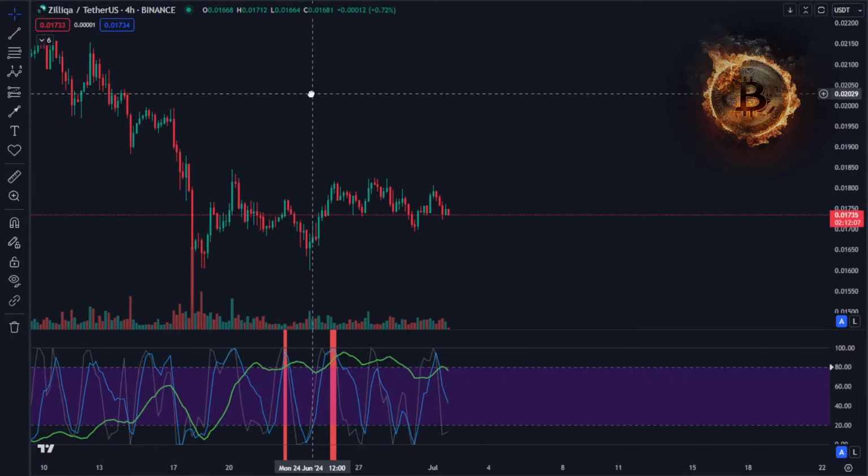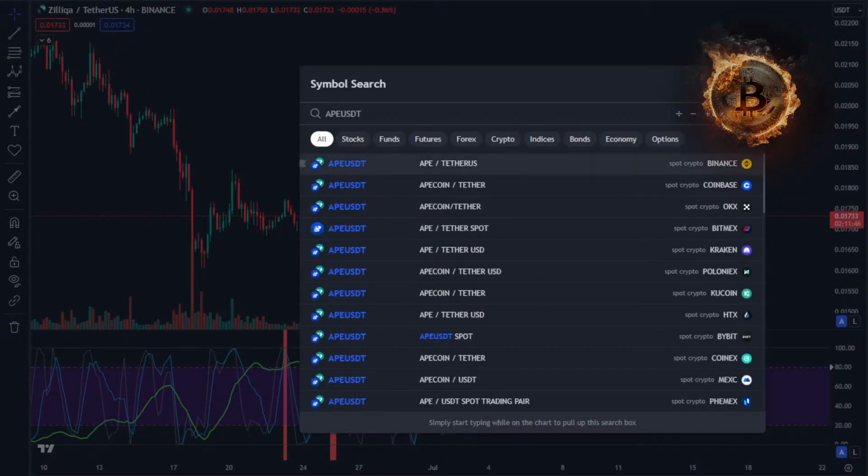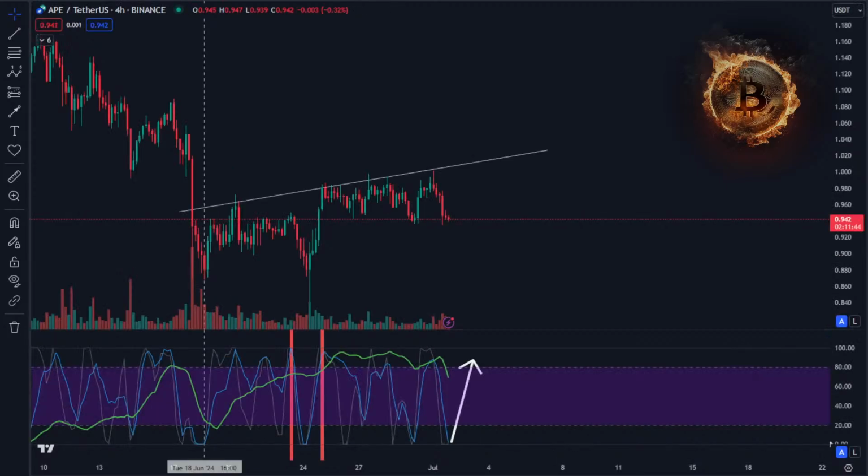So I should be moving these ones upwards on my watch list, because I want to make sure to keep an eye on them. So this was Zilliqa, I'm still moving Zilliqa upwards on my watch list. So I have Zilliqa and we had ape, and I'm gonna mark them red on the watch list so I can make sure I understand that these are possible shorts.